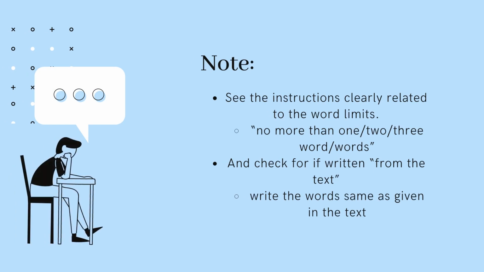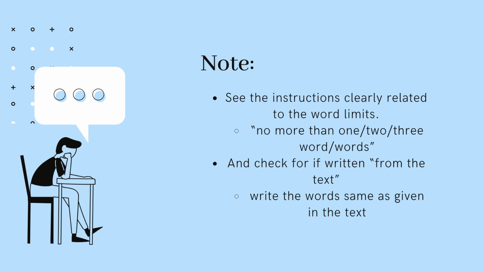Note that if the instructions say no more than two words from the text passage for the answer, or any other word limit, that may be only one word or no more than three words, then this means that we can only write one or no more than the word limit.